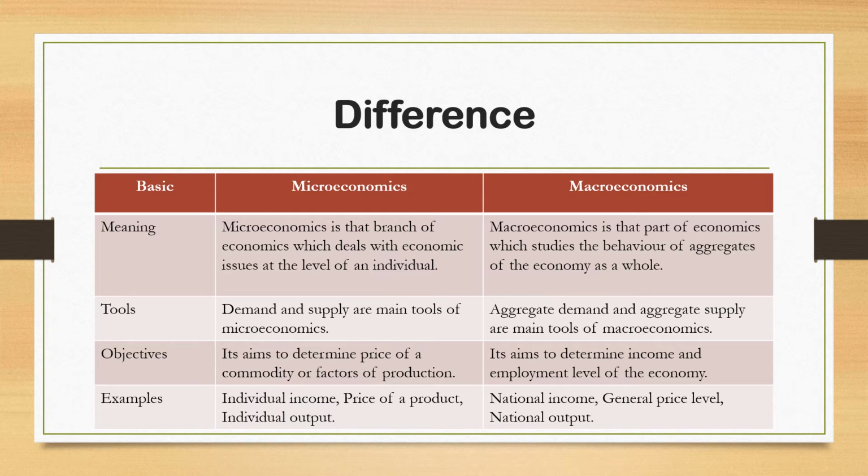The meaning of microeconomics. Microeconomics is that branch of economics which deals with economic issues at the level of an individual. That means it deals with a consumer, a family, a firm, an industry. But macroeconomics is that part of economics which studies the behavior of aggregates of the economy as a whole.